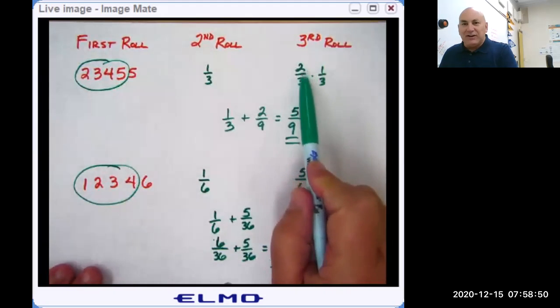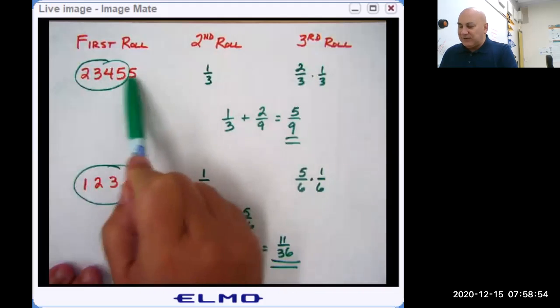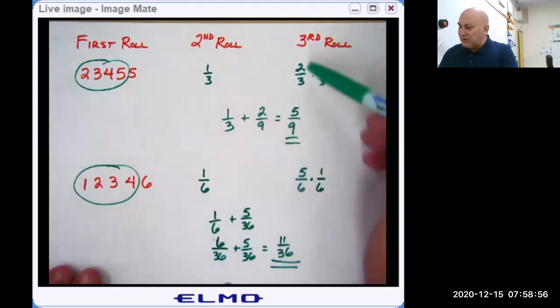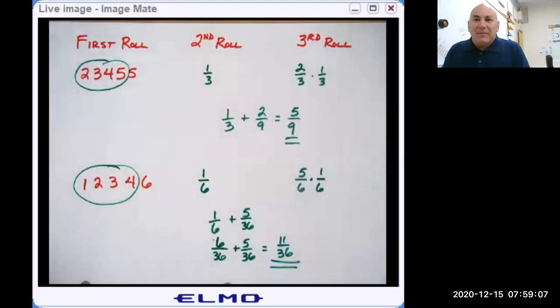And when you get to that 3rd roll, there's still a 1/3 chance that you're going to get a 1 or a 6. So if you had a fourth roll, it would be 2/3 times 2/3 or 4/9, et cetera, et cetera. But we don't get a fourth roll. So anyway, that's how you play Yahtzee. That's just a couple of examples of how you can use probabilities when you play Yahtzee.